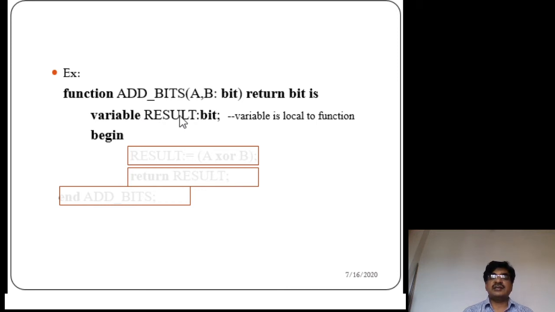It means the result is an object of class variable which holds bit type of data. Then begin. After begin, the statements are sequentially executed statements. Here the statement is result colon equal A XOR B.